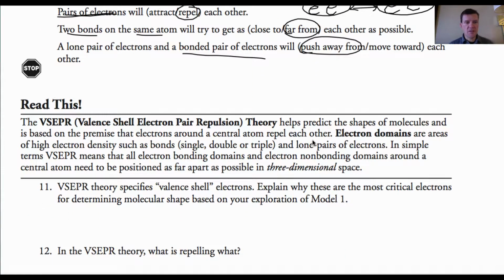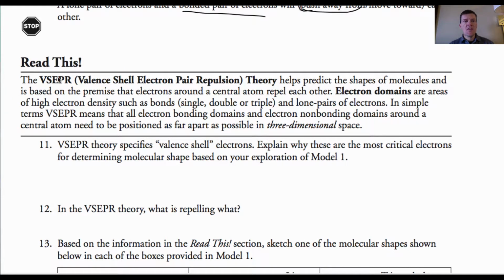Here's where we get to the theory. So, the VSEPR theory, that stands for valence. So valence would be the valence electrons. Shell, meaning energy levels, the outermost energy level where those valence electrons are.